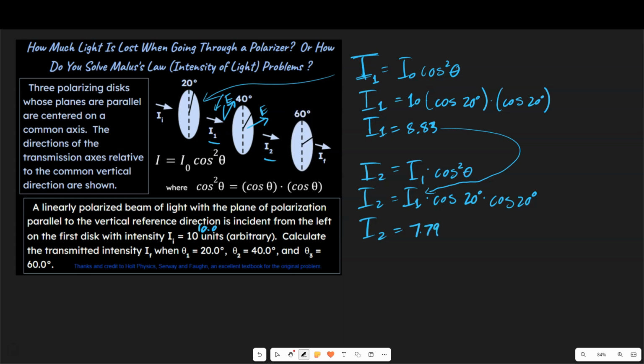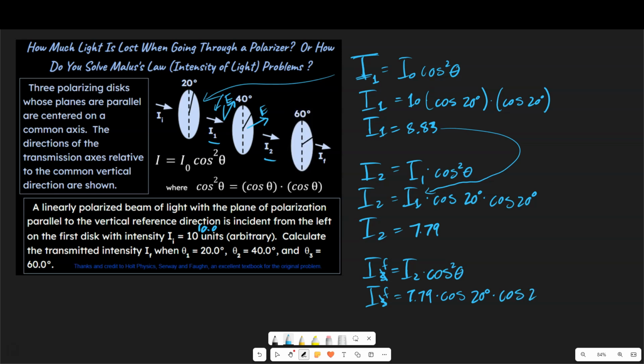Our units are arbitrary here. And lastly, let's run this one more time. So you know the drill. This final intensity should be 7.79 times the cosine of theta. And because it's a relative change from I2 to I final, I should change this to be consistent: I wrote this as I3, but I'll write it as I F. It's still a relative change, so we still need to use 20 degrees and multiply again by cosine of 20 degrees.